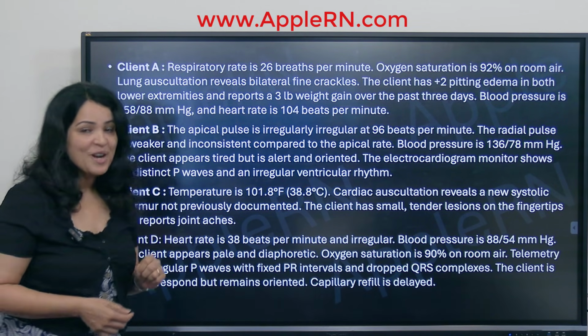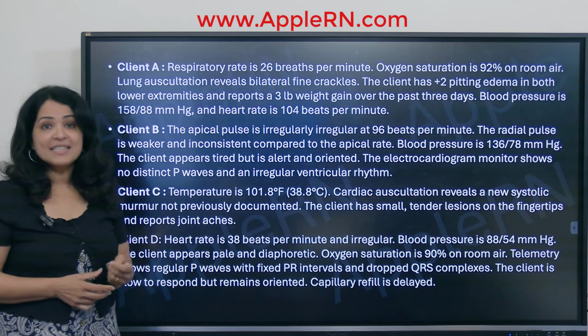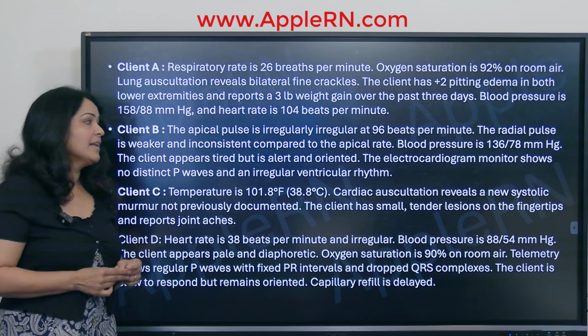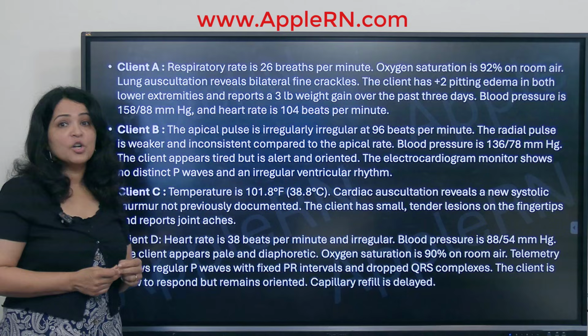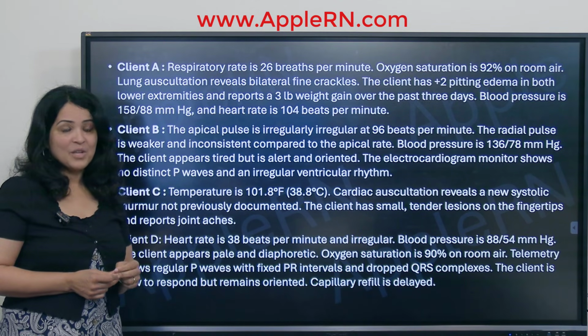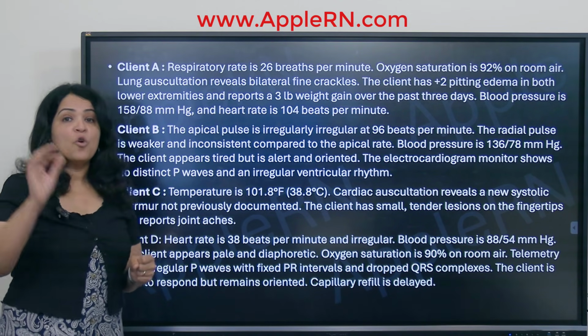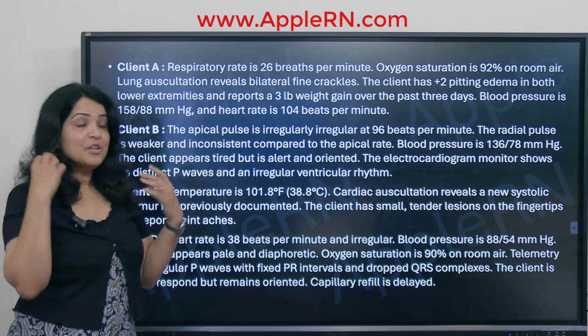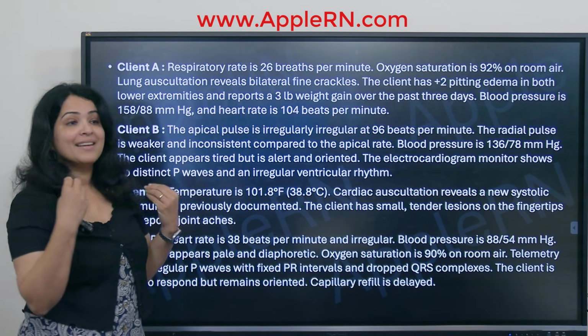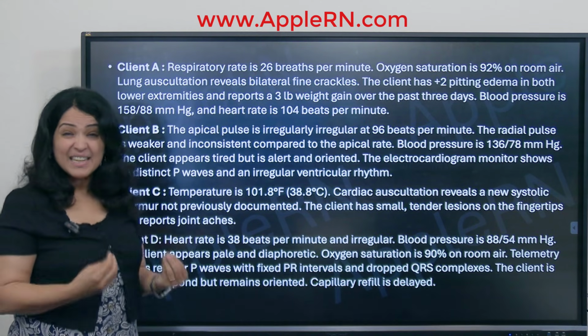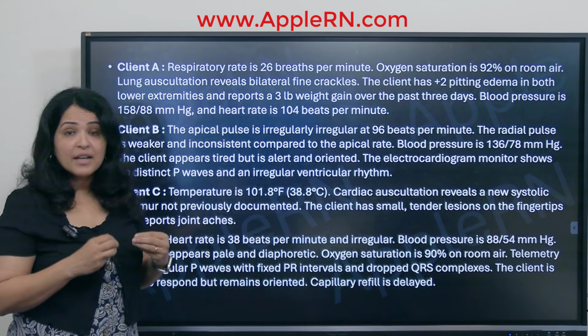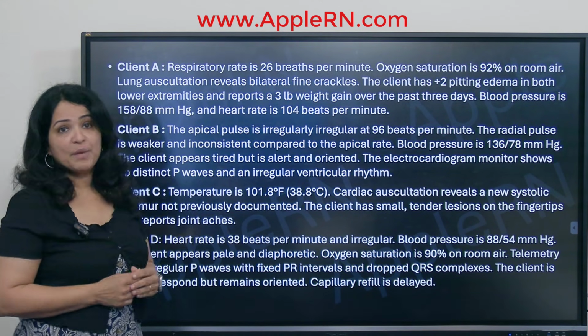The electrocardiogram monitor shows no distinct P waves and an irregular ventricular rhythm. All right, this is where we put our knowledge, our information, and our thinking process together to figure out what's going on with this patient.